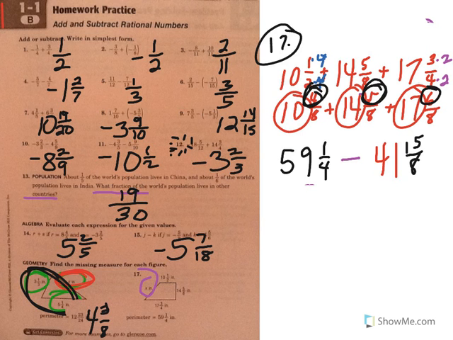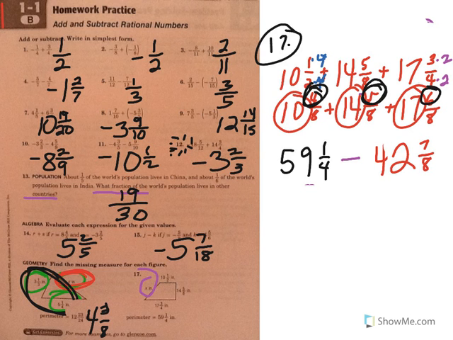We need to fix that to be 1 and 7/8. 8 goes in 15 one time. Remainder 7 out of 8. So we need to adjust 41 to be now 42. And we can get rid of the 1 now. Push the 7/8 up, and there we go.